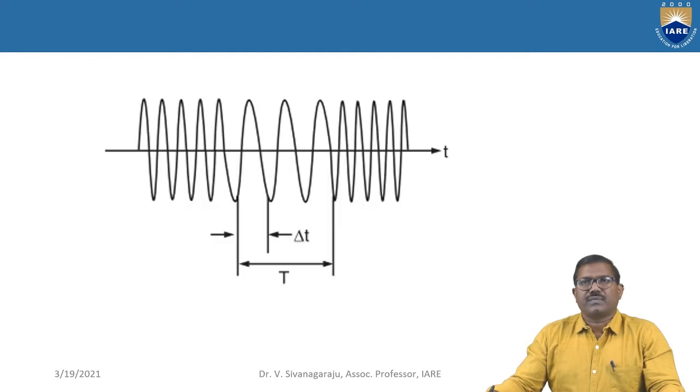So this is the wave you get in the FM wave. We take the count of how many zero crossings, and delta t is taken as one cycle peak.